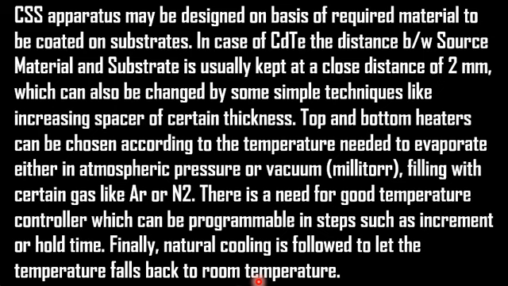Okay, the closed space sublimation apparatus consists of top and bottom heaters. The top and bottom heaters are adjusted in such a way that they give more heat to the precursor material to be evaporated. The top and bottom heaters are selected on the basis of the melting point of the precursor material.